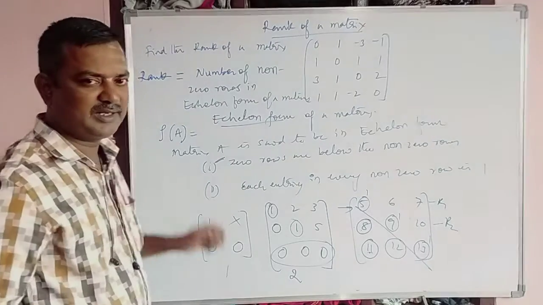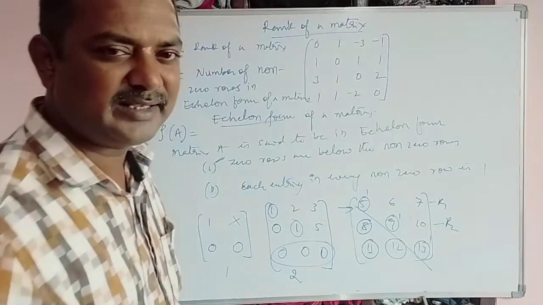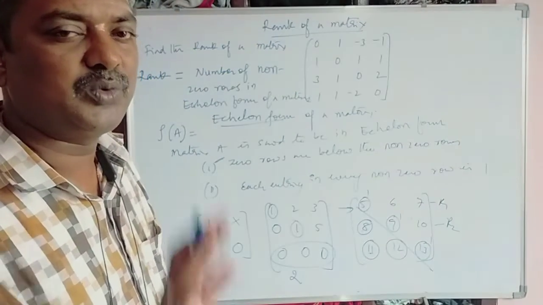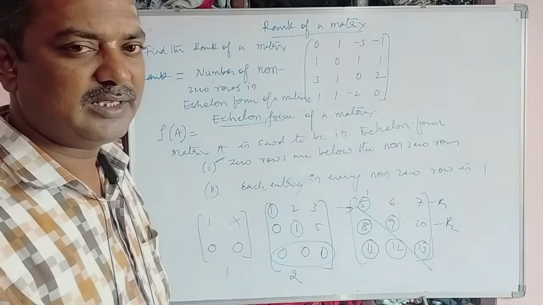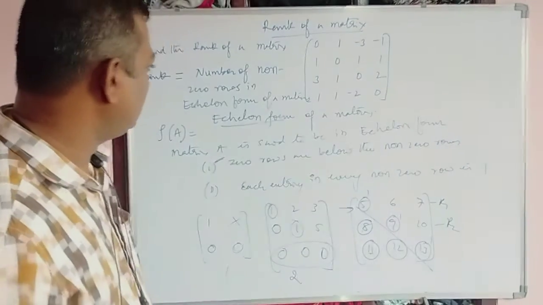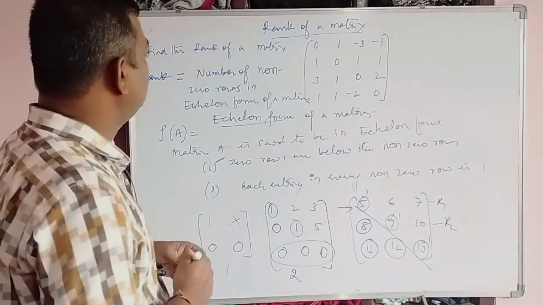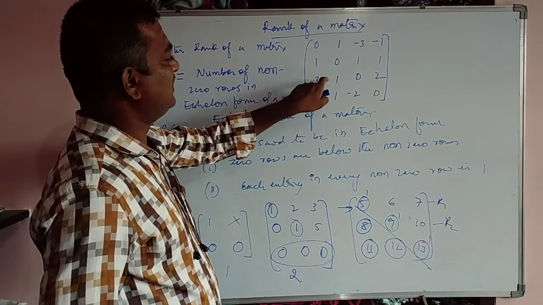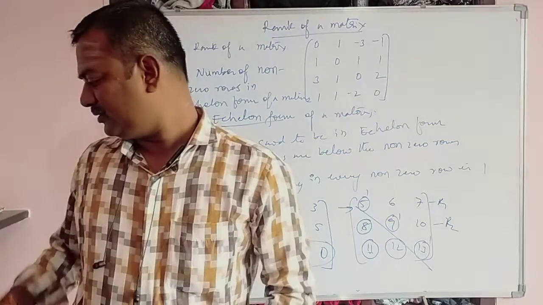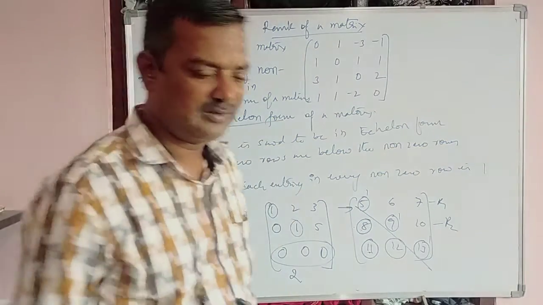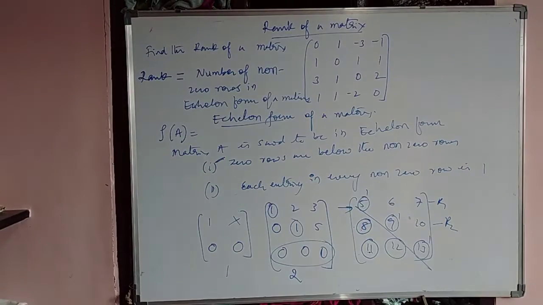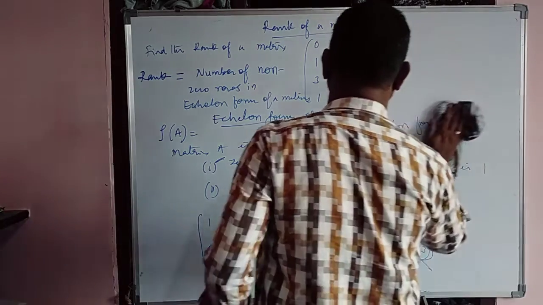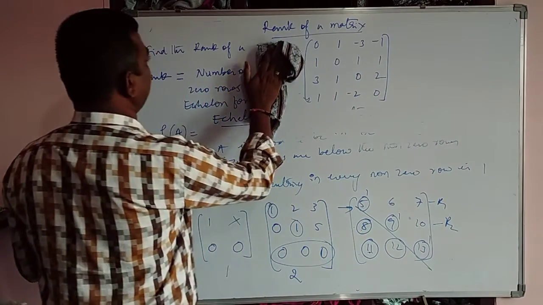And remember, the rank of a matrix does not exceed the number of rows. Now I think you know the definition of echelon form as well as rank of a matrix.